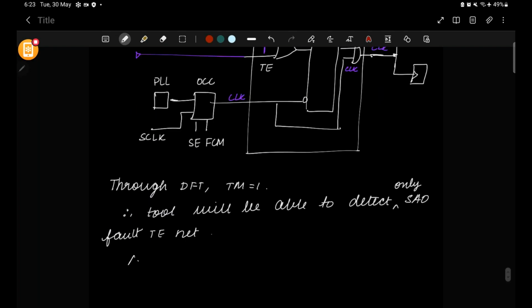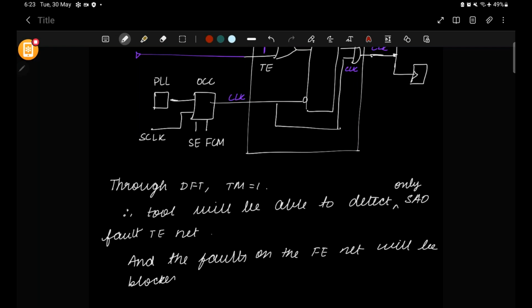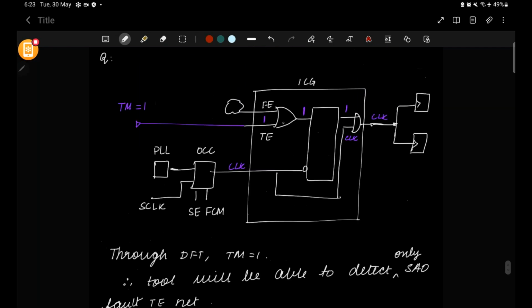And the faults on the functional enable net will be blocked. Why? Because test mode is always 1, so the output of the OR gate will always be 1.